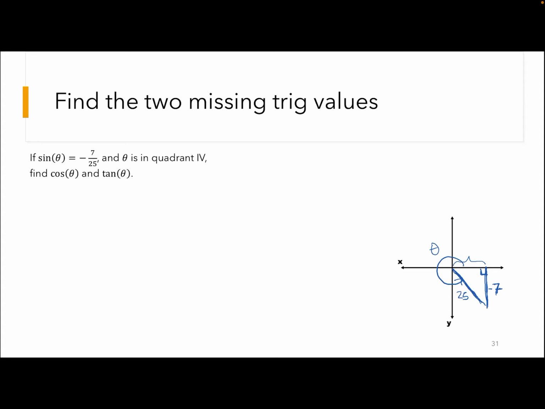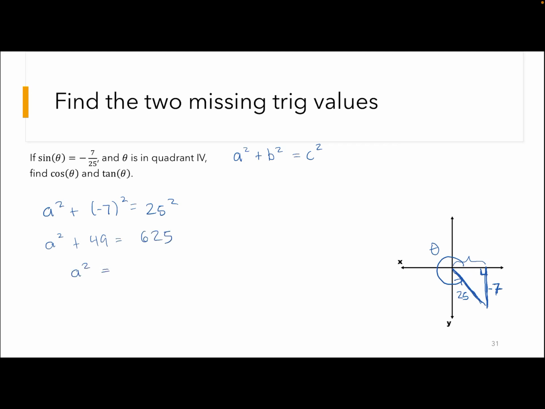All we have to do is the Pythagorean theorem. Remember, the Pythagorean theorem is a squared plus b squared equals c squared. We have b and c, so a squared plus negative 7 squared equals 25 squared. So a squared plus 49 equals 625.